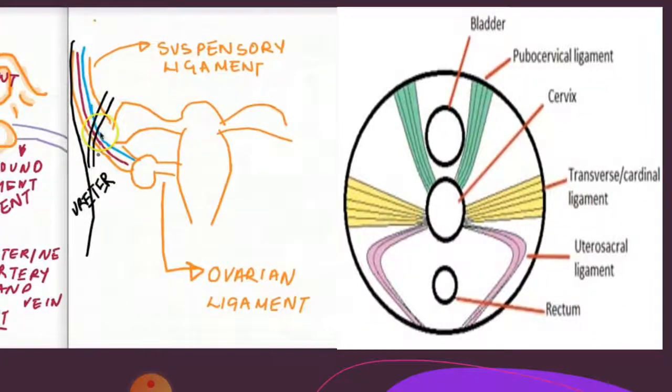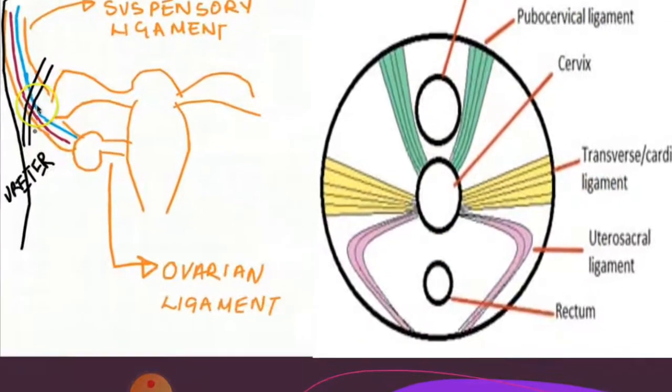Once again, we are talking about the uterosacral ligament, and you can see this is the cervix, and we are at the level of the cervix, and anteriorly is the bladder and posteriorly is the rectum.